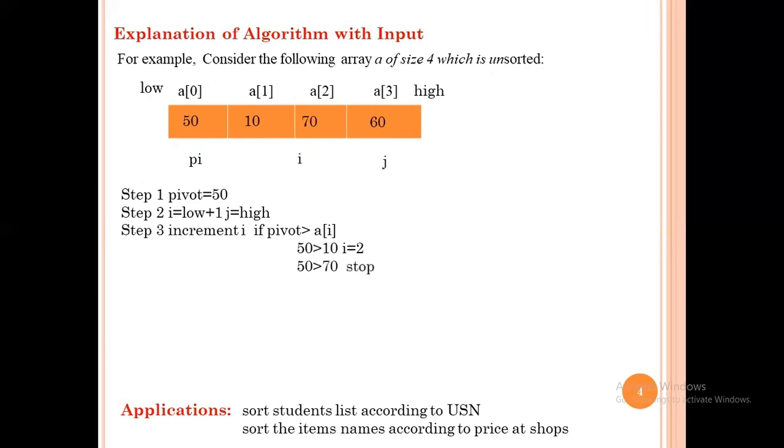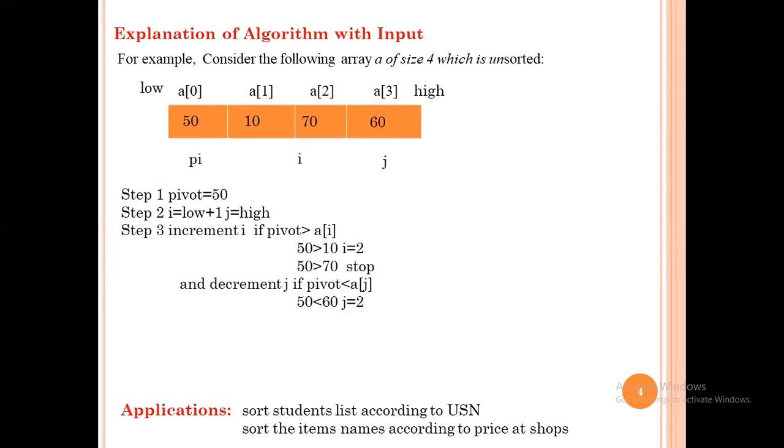Next, once again compare pivot with A of i. 50 greater than A of 2 means 70. The condition is false. So stop increment process. Then decrement j if pivot is less than A of j. Here pivot is 50, A of 3 contains 60, therefore 50 less than 60.